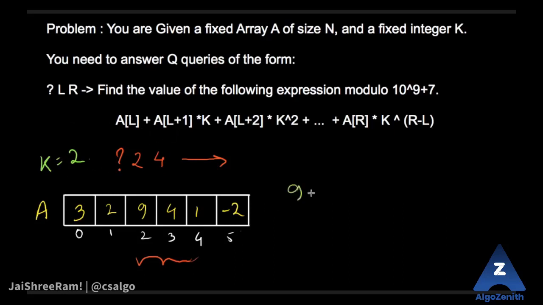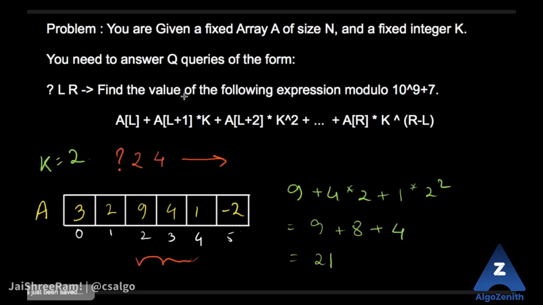So this will be 9 plus 4 times 2 plus 1 times 2 square, and this will be 9 plus 8 plus 4, which is 13 plus 8, 21. So this is the value of an example query. You need to answer q such queries.